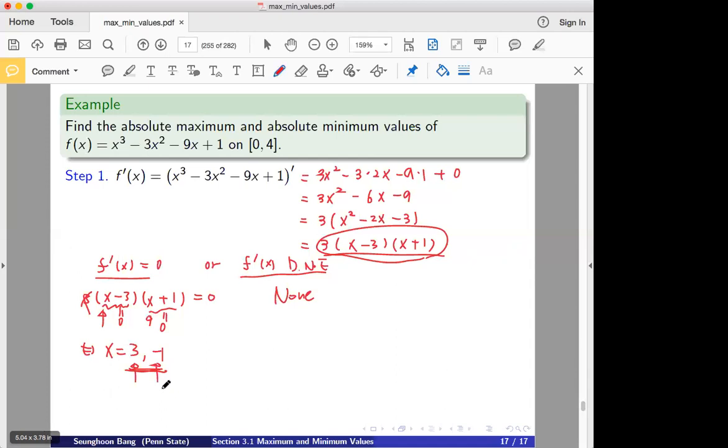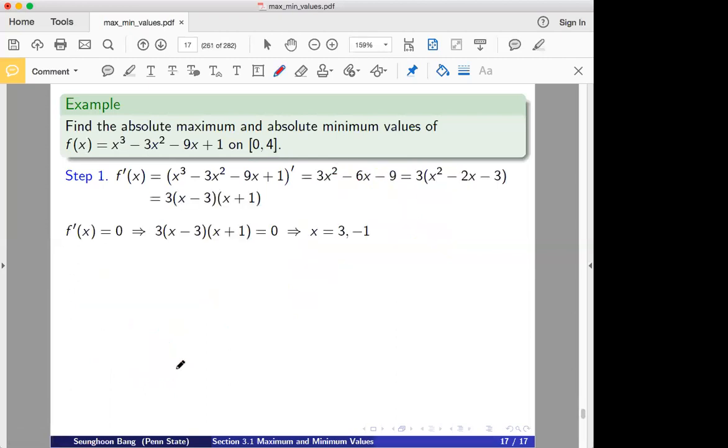What's the domain? The domain is [0, 4]. So ignore -1. Only choose 3, because 3 is between 0 and 4. So we have one critical number, 3.